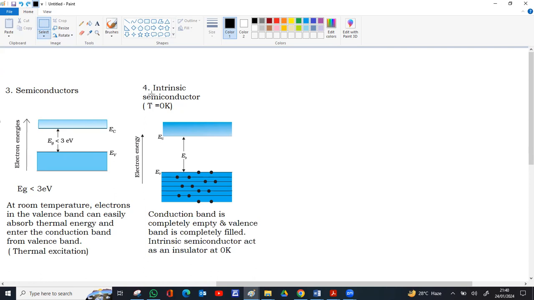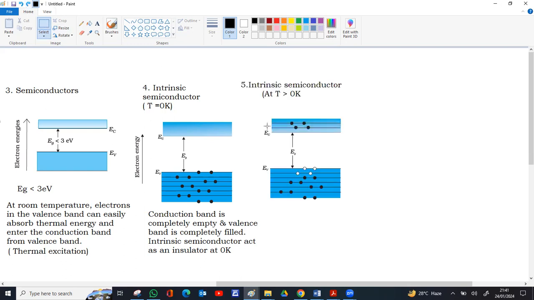Now the same intrinsic semiconductor is at room temperature, greater than 0 Kelvin. As we discussed here, the heat energy available from the surroundings helps the electrons to excite from the valence band to the conduction band. So if 4 electrons gain energy to jump to the conduction band, there will be 4 free electrons in the conduction band.